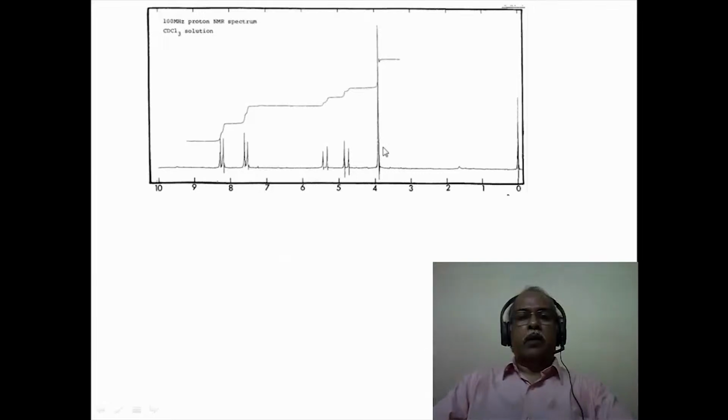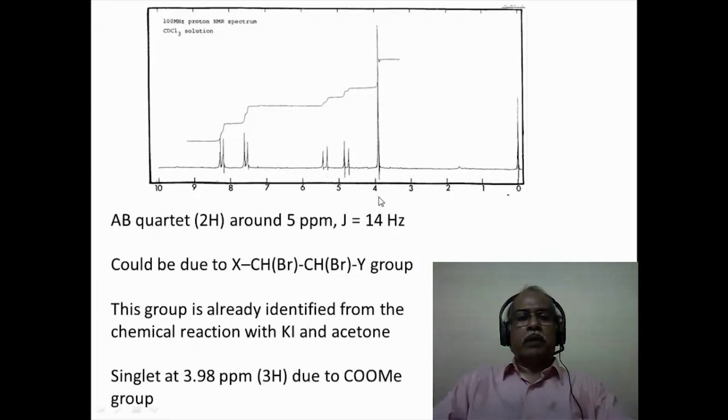Now in addition to that, the proton NMR spectrum also has another AB kind of quartet in the region between 4.9 to 5.5 ppm or so. For this AB quartet, the J value corresponds to roughly 14 Hertz. This could be due to the CHBr functional group, which we have already identified based on the chemical reactivity.